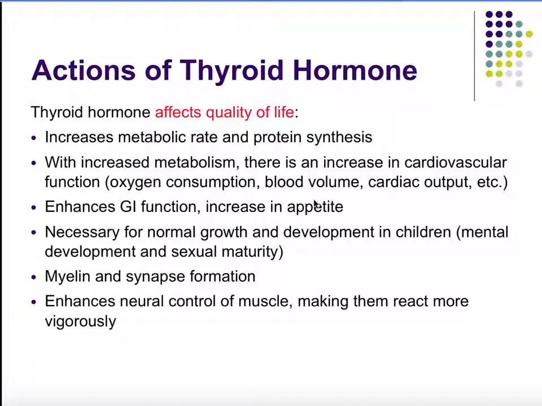We'll also enhance our GI function, have greater appetite, and because we have increased metabolism, it'll be difficult to gain weight even though we have a bigger appetite because we'll be burning so much.